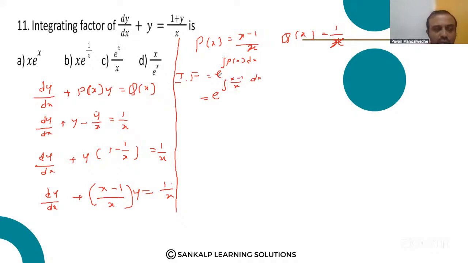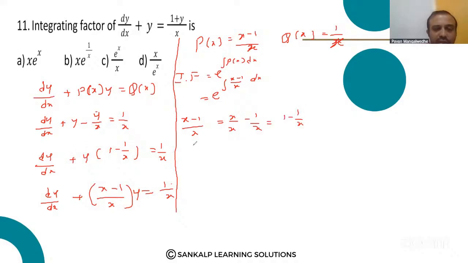This can be resolved by simplifying the fraction inside the integral. x minus 1 by x is equal to x by x minus 1 by x, which is 1 minus 1 by x.